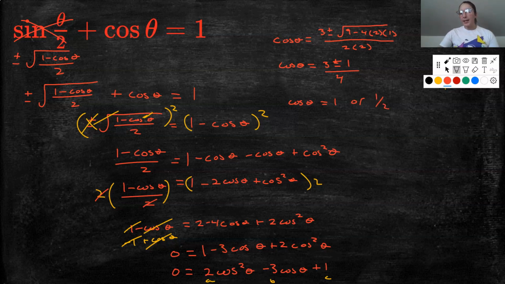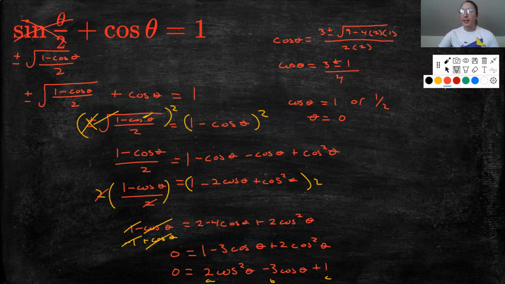So if cosine theta is equal to 1 or 1 half, so again, unit circle, if cosine theta is equal to 1, then theta is equal to 0 plus 360 k, or 0 plus 2 pi k.